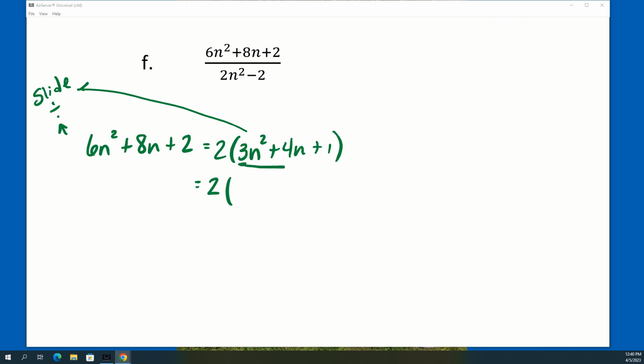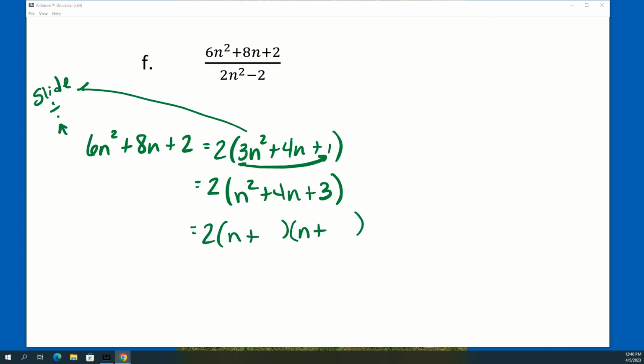So I'm going to take that 3, I'm going to slide it over. Then I'm going to factor normally for a second.